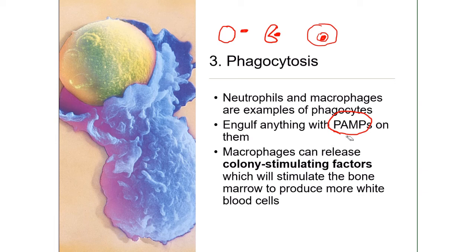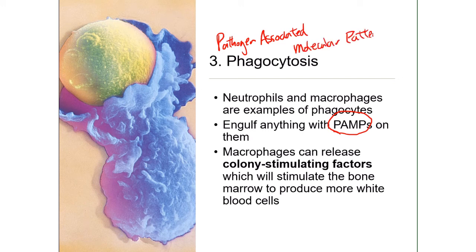PAMs stands for pathogen associated molecular patterns. These are a group of antigens, kind of like barcodes on the surface of pathogens, and if the phagocyte sees the PAMs on a target, they're just going to go ahead and eat them.